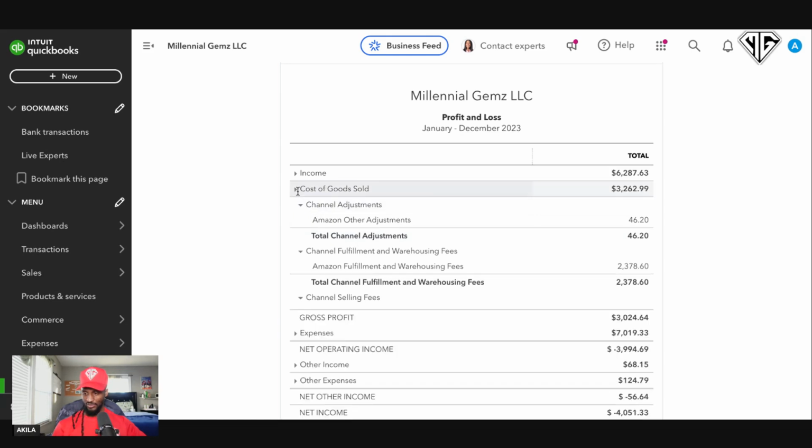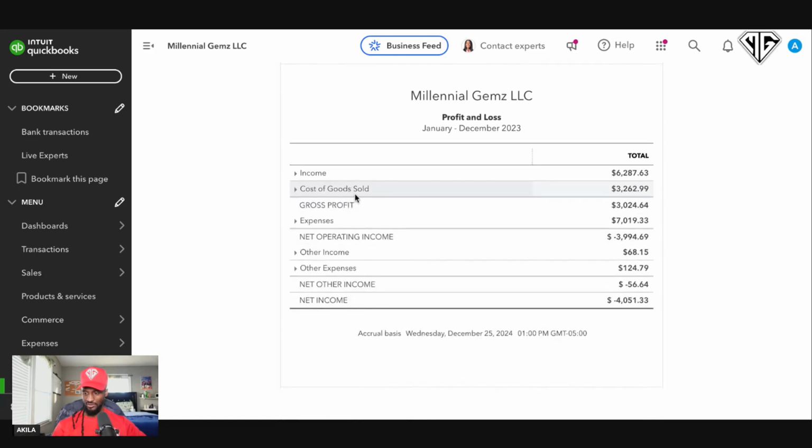Your next section after your cost of goods is your gross profit. Gross profit's very simple. It's not as hard as some people may think. You have your gross profit and you have your net profit, or net income. Your gross profit is just the total revenue minus how much it costs you to produce the things you sold.